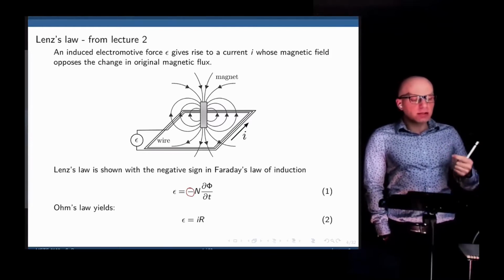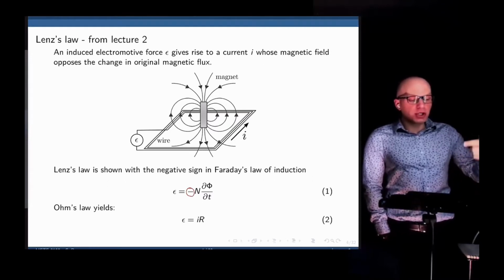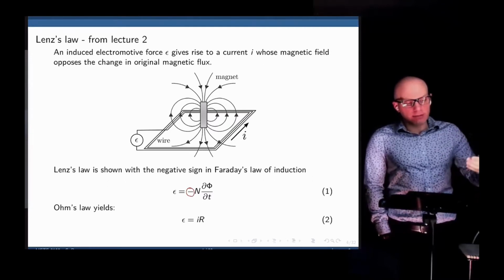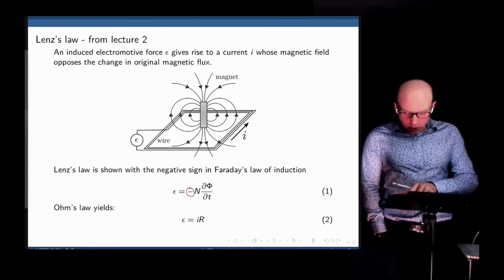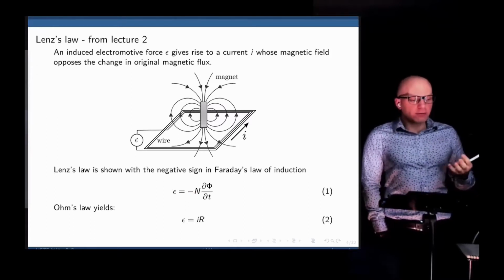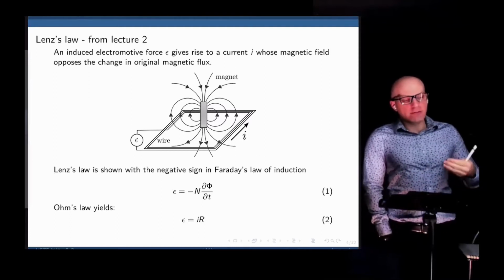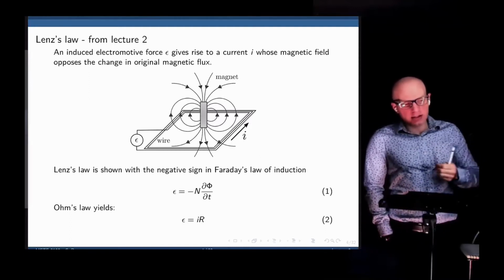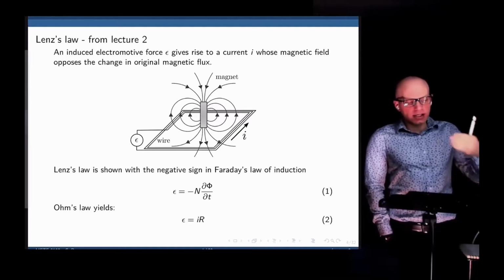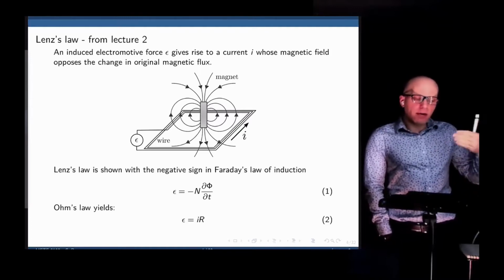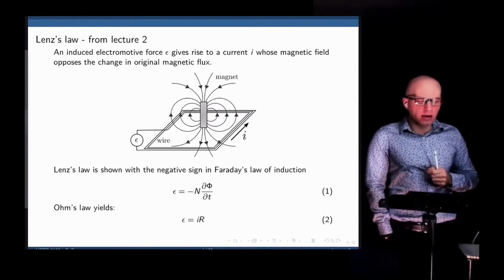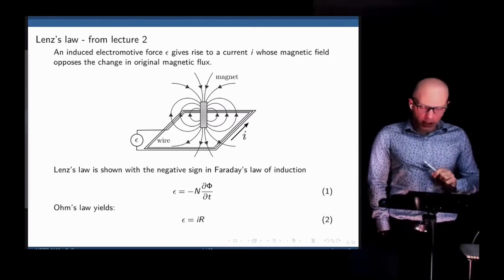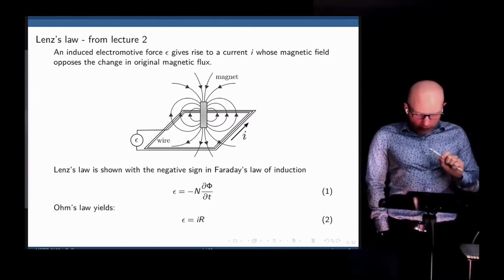And this created magnetic field must oppose further changes in the originating magnetic field. That's what this negative sign means. Otherwise, we would have created free energy. If the current created a force that would attract this magnet, for example, then the magnet would accelerate, the speed would increase, and the EMF would therefore in turn increase, which brings us to an infinite loop. So that negative sign has a lot of meaning here.